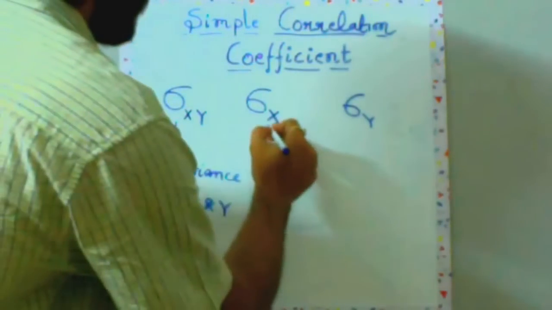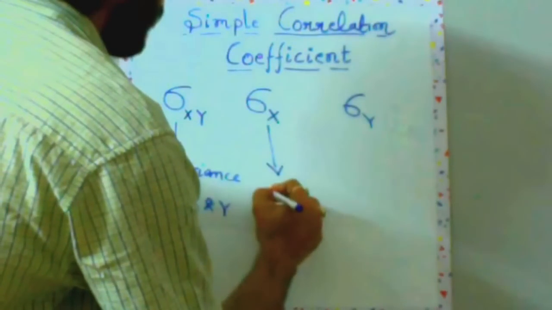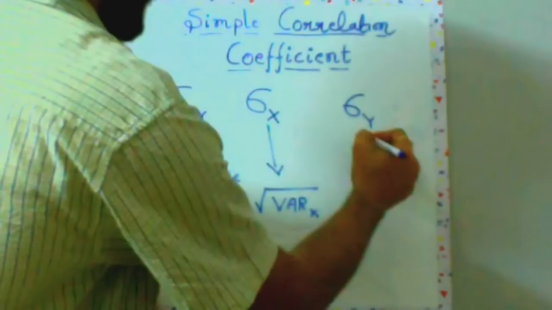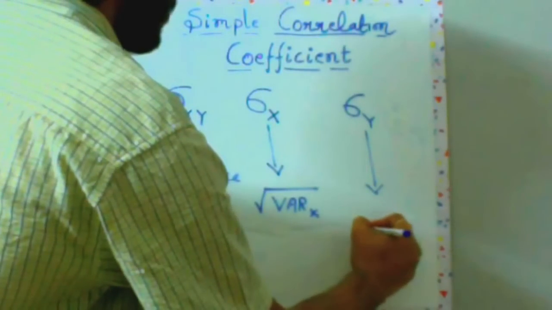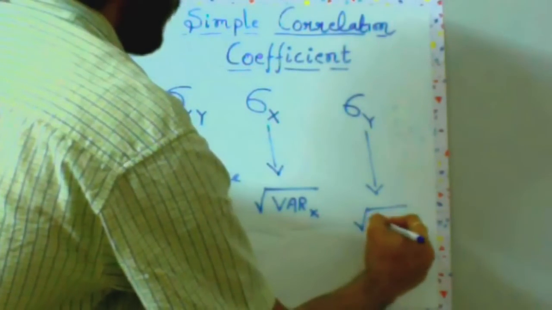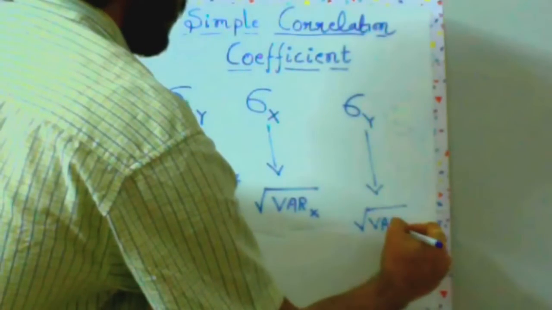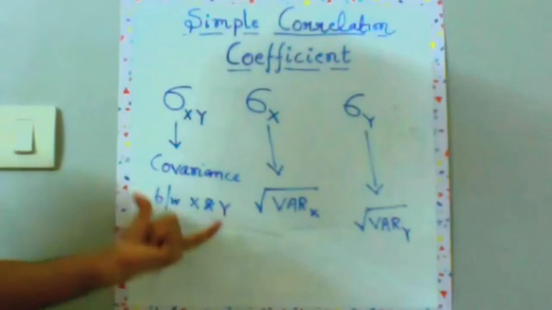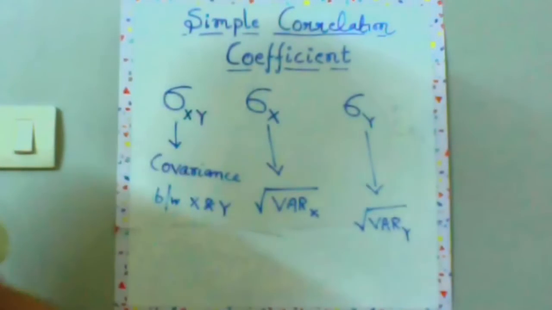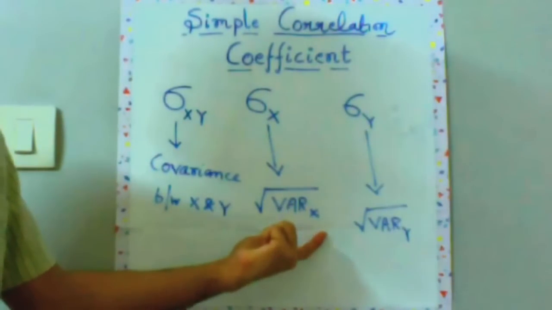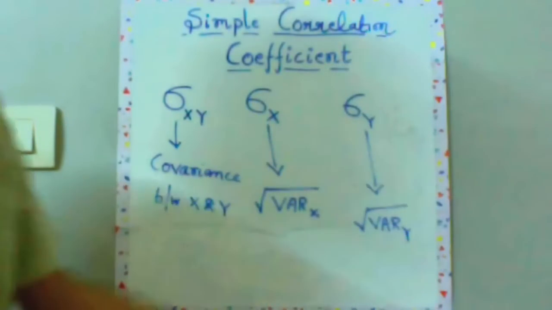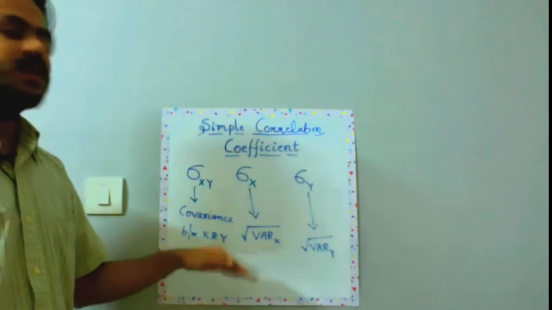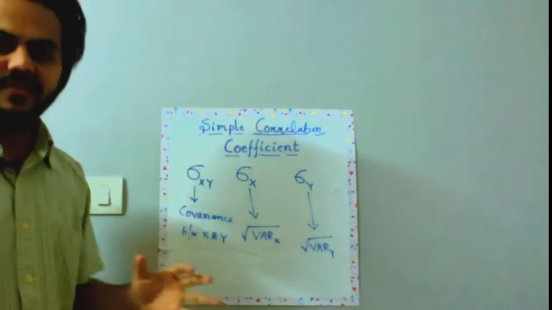So essentially this is the square root of the variance of x, and this guy over here is the square root of the variance of y. So you need covariance between x and y, which is sigma xy. You need the square root of variance of x, which is sigma x. You need the square root of variance of y, which is sigma y. And then we can move on to the formula for simple correlation coefficient.